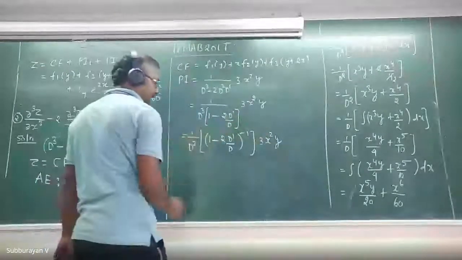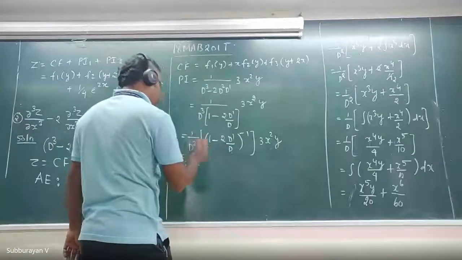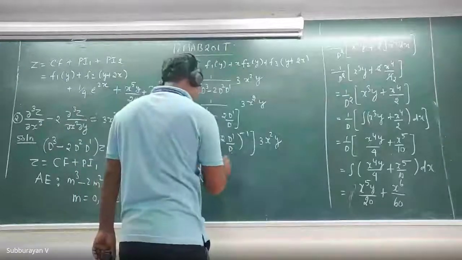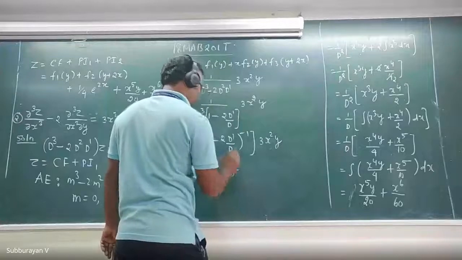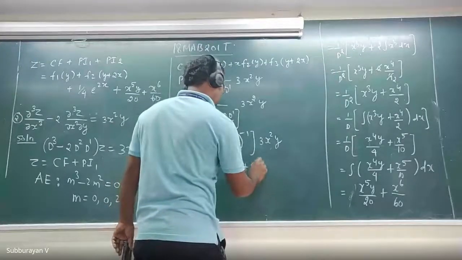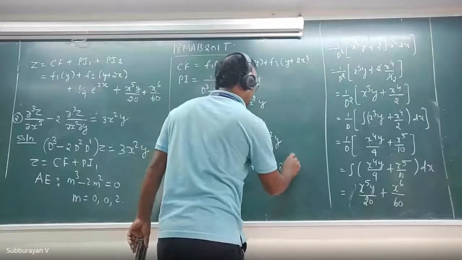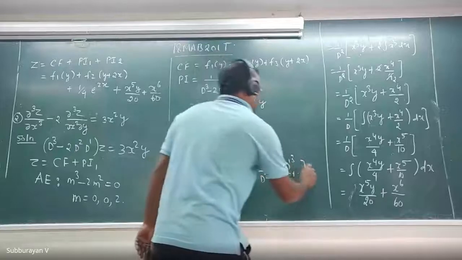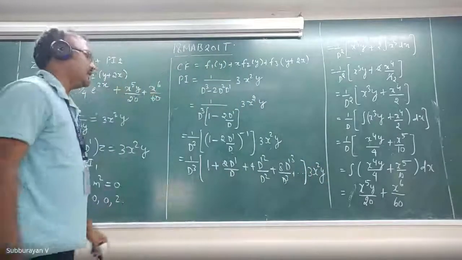Now you rewrite this in ascending powers of this operator. So 1/D³ into (1 + 2D′/D + 4D′²/D² + 8D′³/D³ + and so on) into 3x²y.